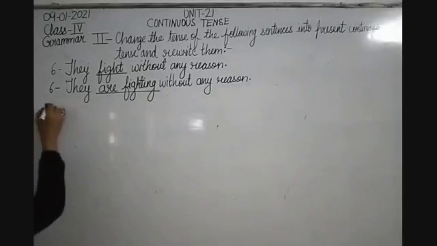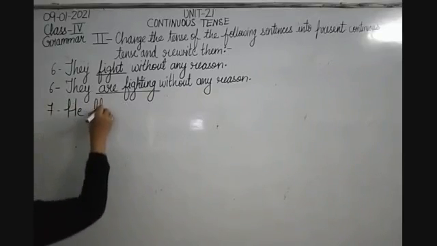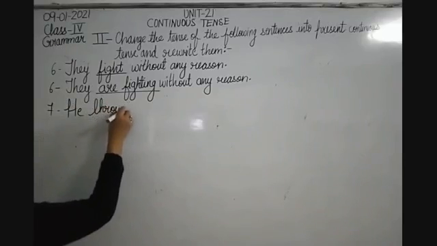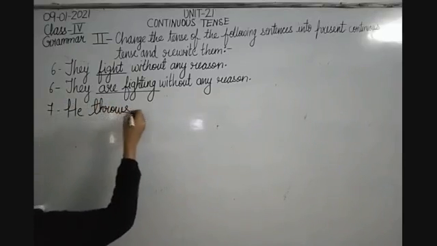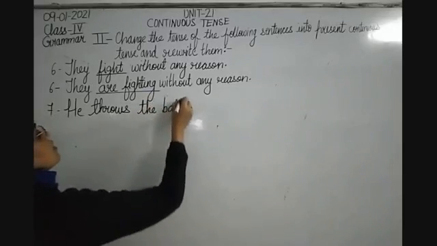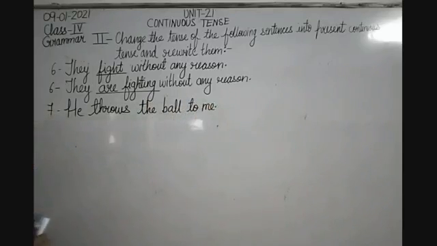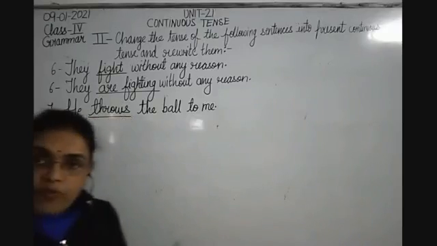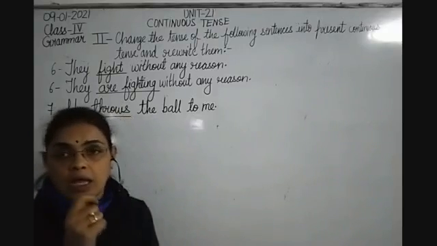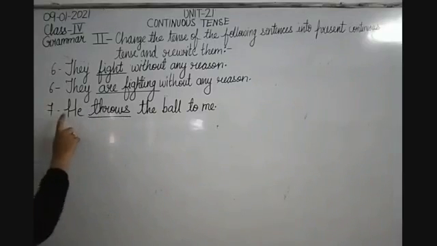Then the 7th one. He throws the ball to me. The verb in the sentence is throws. Underline it. Remove the s. Throw is the root form, and the ing form of throw is throwing. Now the helping verb depends upon the subject.